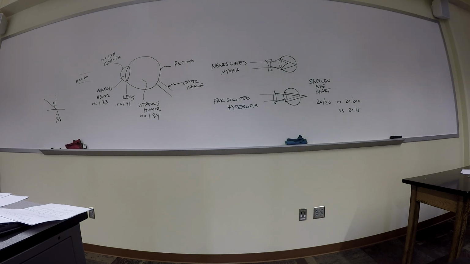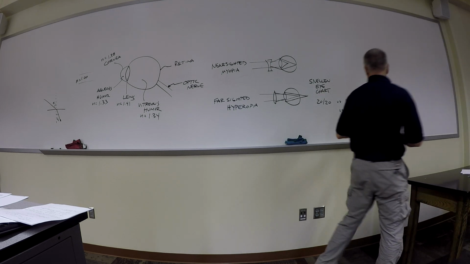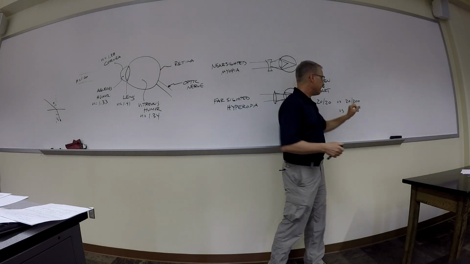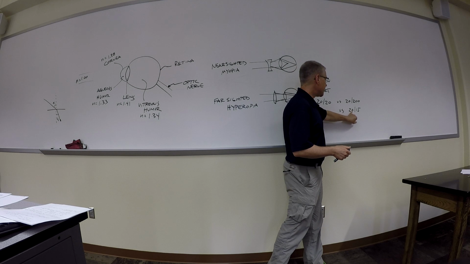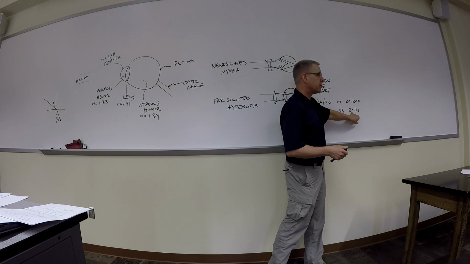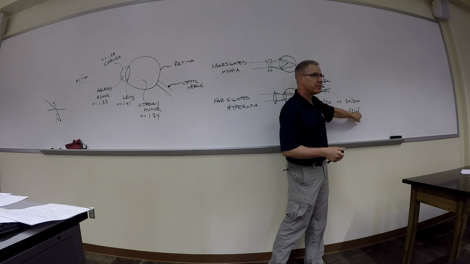But the person with the 20/15 vision can still see it from that way. So again, somebody at 20 feet can see something that people with normal vision see at 15 feet.